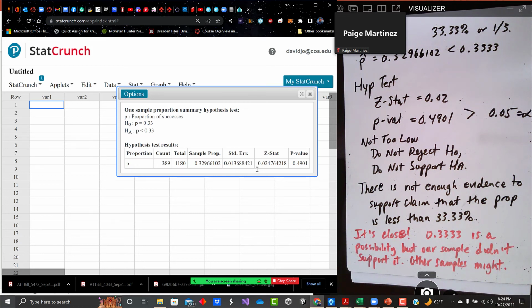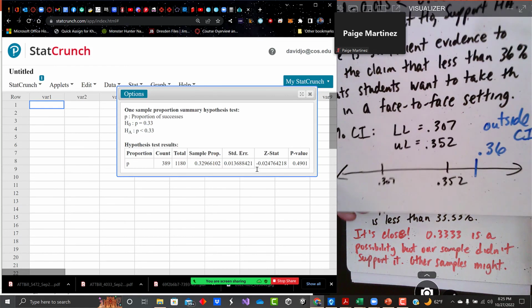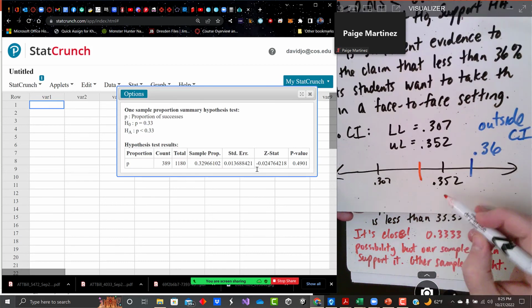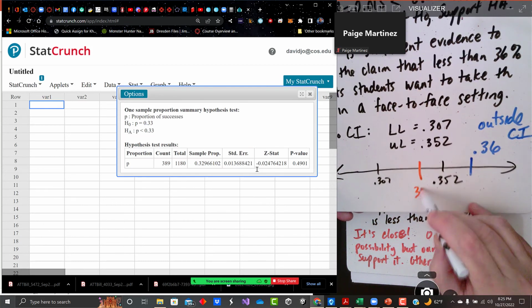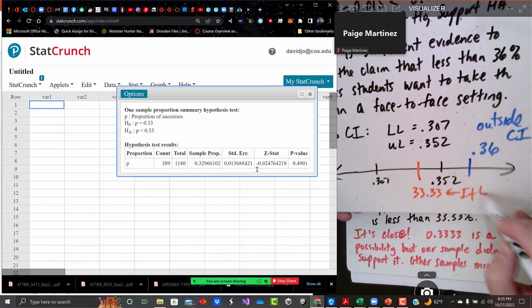When it's close, we can't reject H0 because H0 is a possibility. And we saw that on the confidence interval because 33.33% is right here. So 33.33 makes it a possibility. It's possible.